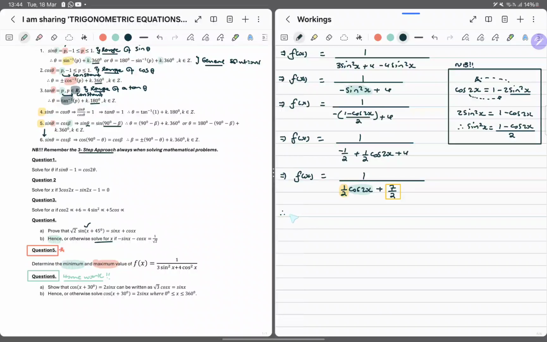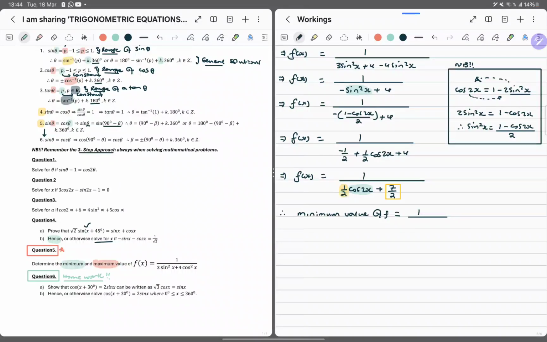All right. Now we can solve using this. So we can say, therefore, the minimum value first. Minimum value of f is going to be equal to 1 divided by, now remember the minimum is always going to be the negative absolute value of the amplitude.